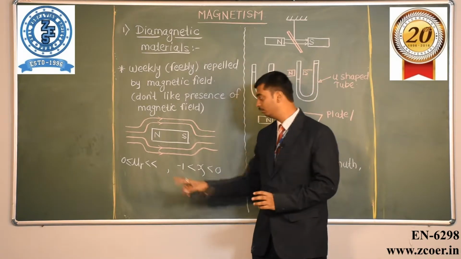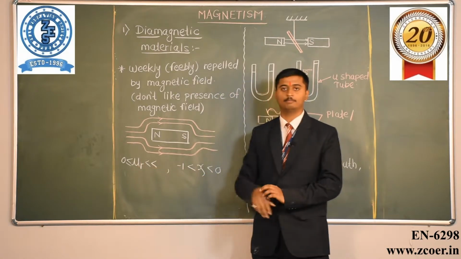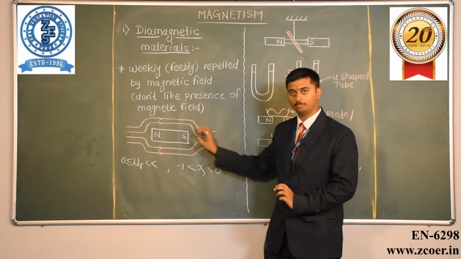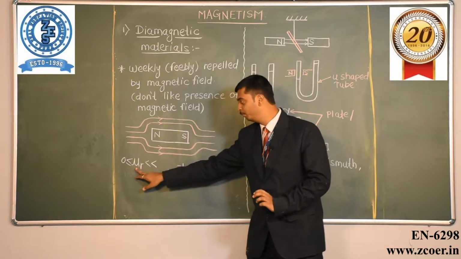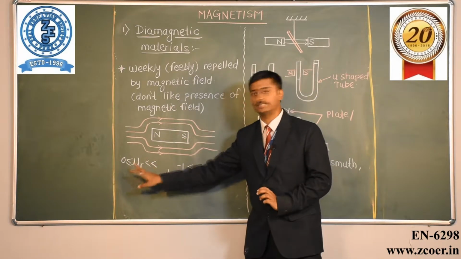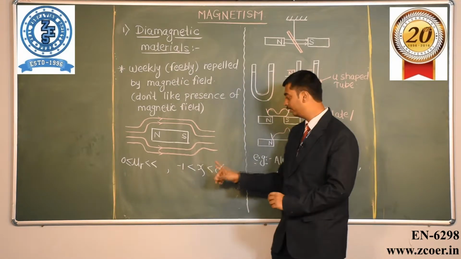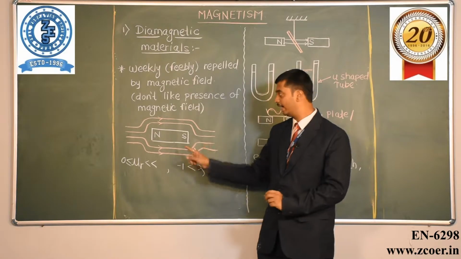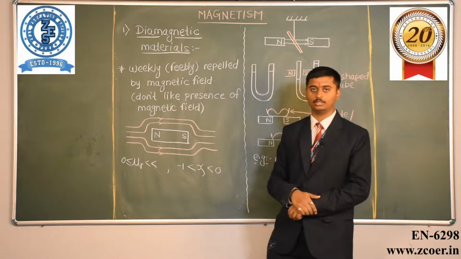As we studied, mu r is nothing but permeability. As no magnetic lines of force pass through this, the value of mu r is always less than 1. Similarly, chi, that is susceptibility, is negative.